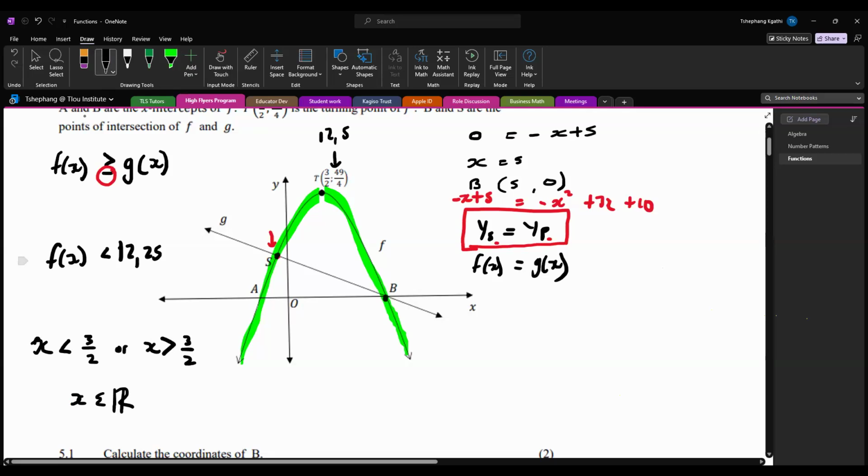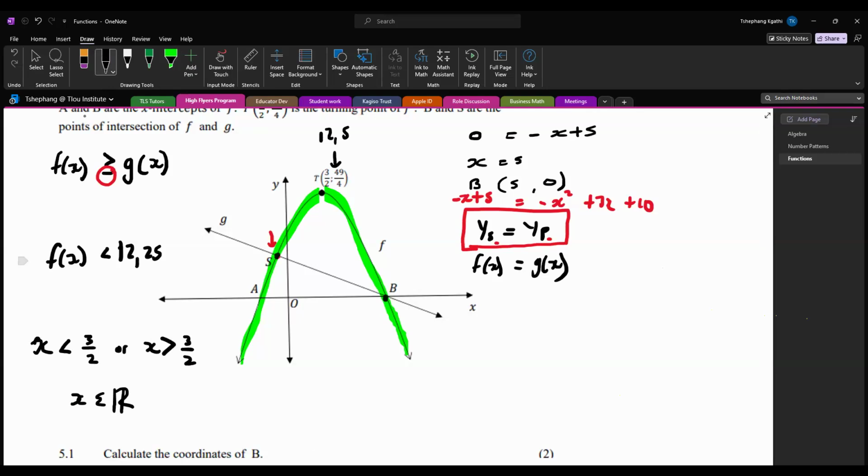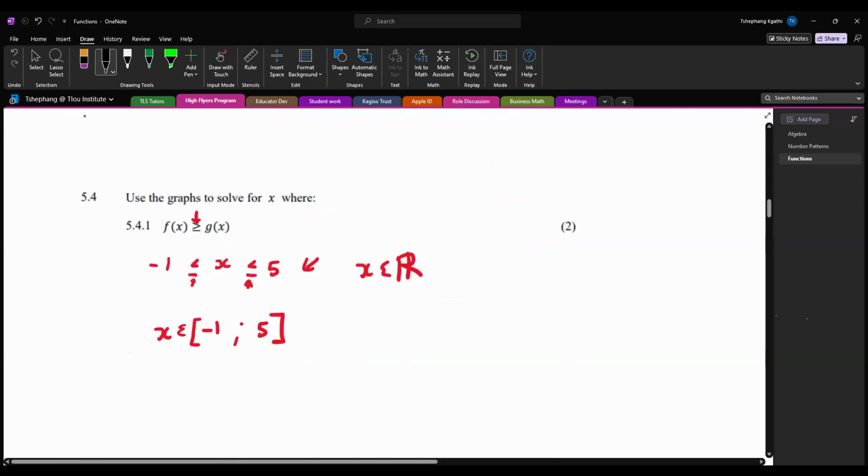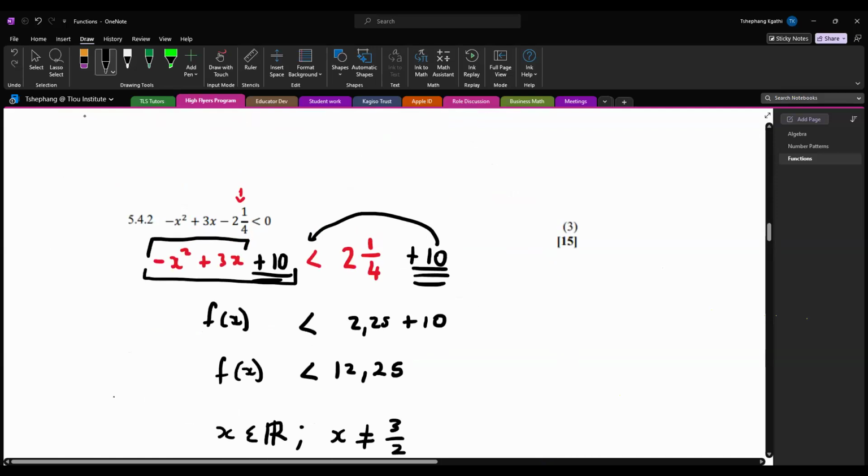So for every real number that you can think of that x is assuming, our graph will always be smaller than 12.25, except at 3/2. Because what is it at 3/2? At 3/2, our y value is 12.25, and that's not what we want. As per the question, we must be smaller there.